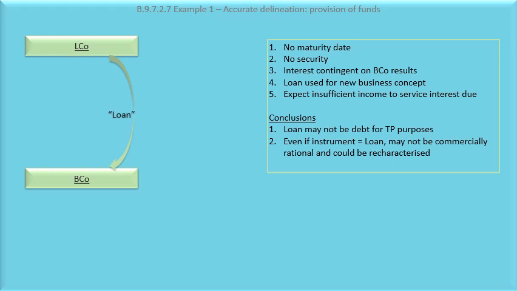So it seems like there's a two-step process here for the UN, where one, you decide is this a loan at all or not under Chapter 9.7 for the UN and 10 for the OECD, and then two, even if it is a loan, you can still trip up under the accurate delineation of the transaction. And you can still come to the conclusion that, actually, it's not a loan.